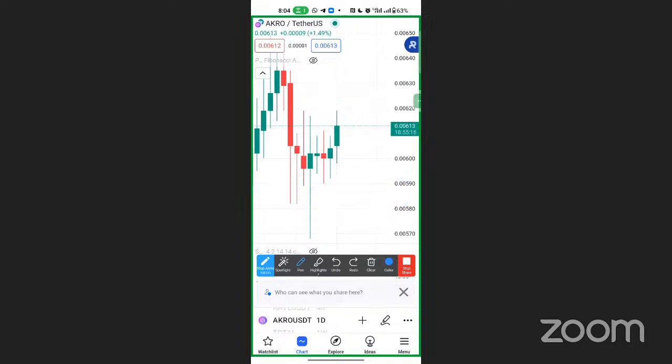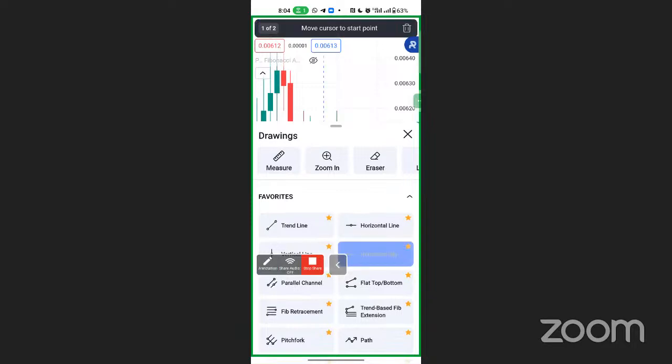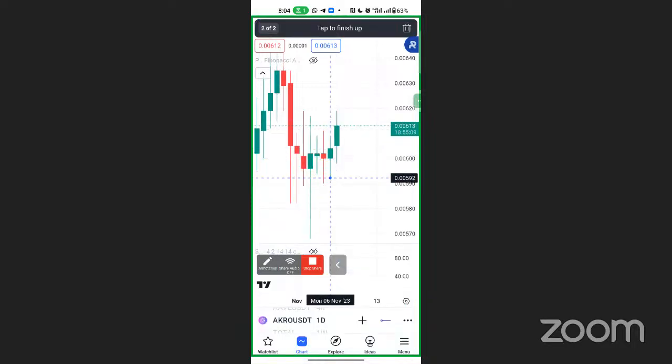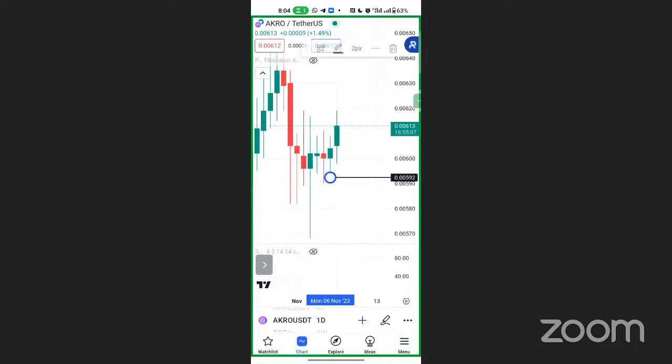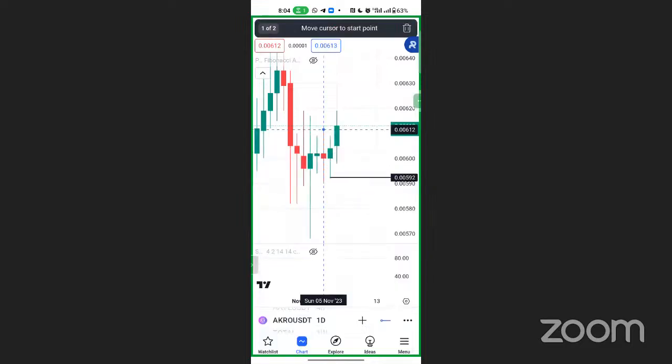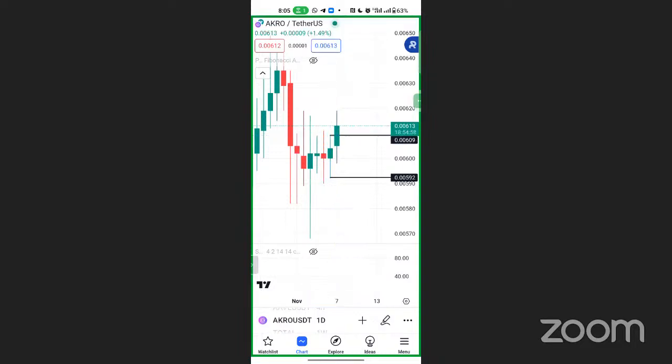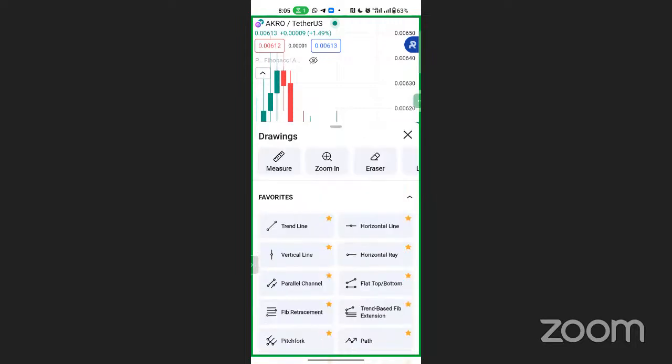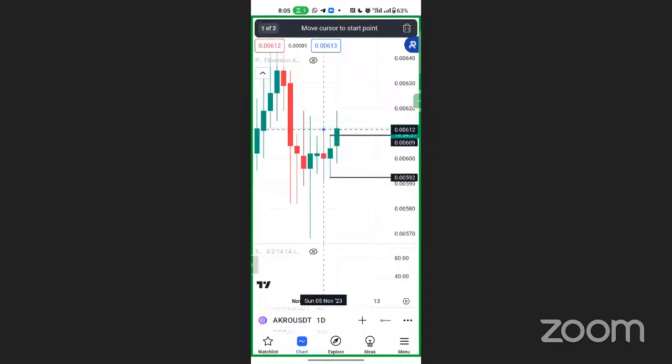For example, let's look here. Pay close attention, guys. This is yesterday's low, right? And this is yesterday's high, and then yesterday's close, the close of this candle. It's a green candle, yesterday's close.